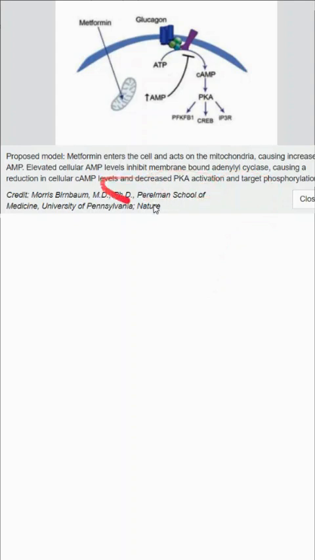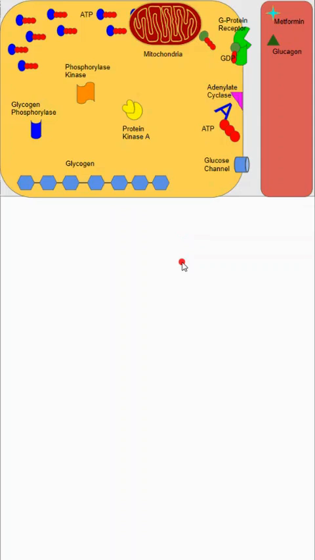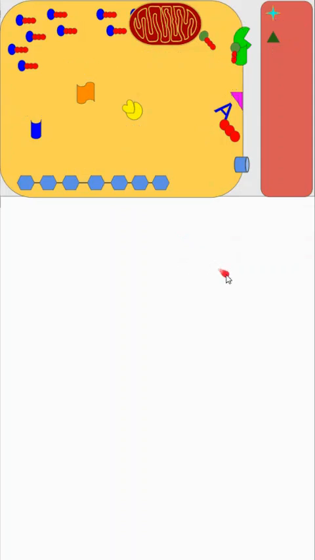Again, we have all these big scary words, but if you can read a diagram and then visualize what's happening, you can understand what's working and what's not working. So if metformin comes in and acts on the mitochondria, which increases AMP levels, and AMP is going to interfere with adenylyl cyclase, the membrane-bound enzyme, what still works?